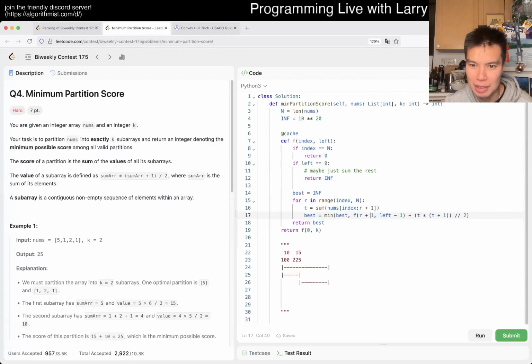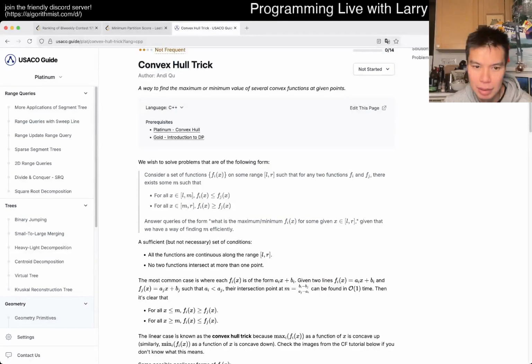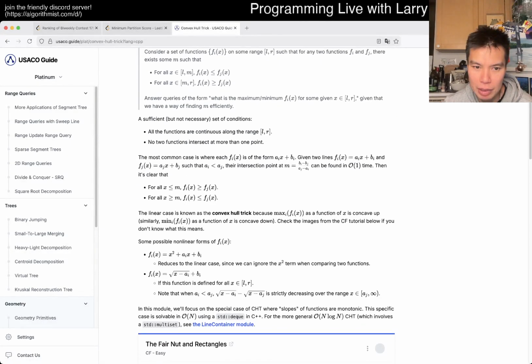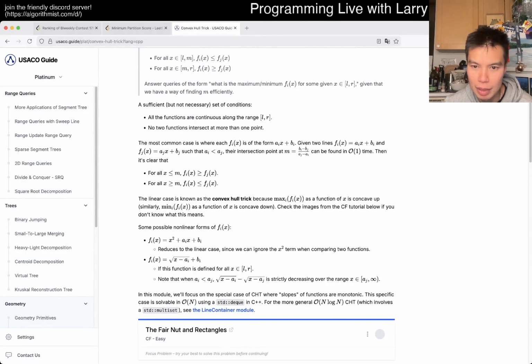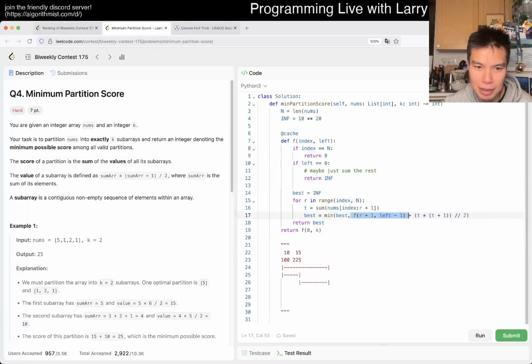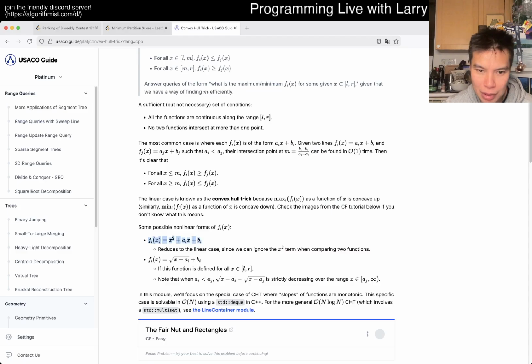That means this is function 1 and this is function 2, and then we have some linear combination, right? This is the f of this part. Is that true?